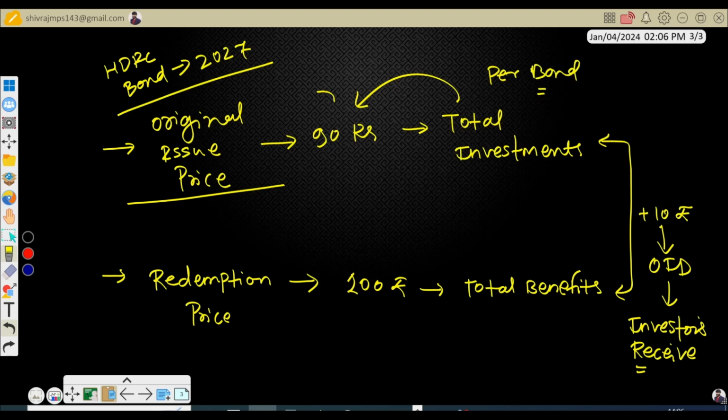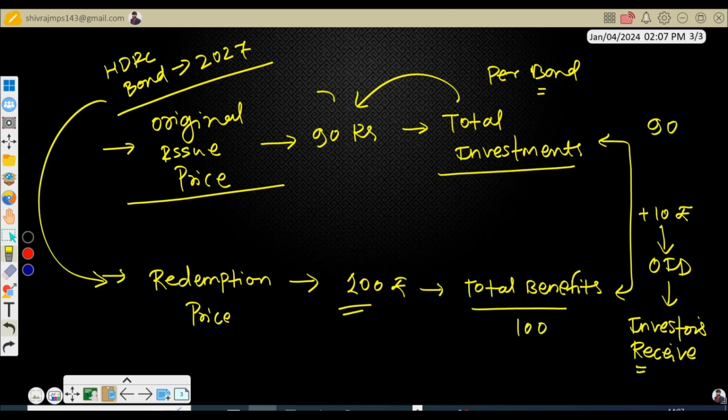But at the time of maturity, in 2027, HDFC will return to you 100 rupees. So see, your cost of investment is 90 and the total benefit you have received is 100. So 100 minus the cost of 90, the net is 10. So 10 becomes your OID fees. OID, original issue discount, will be received by you. So OID is basically an income, an accrued income of the investor.